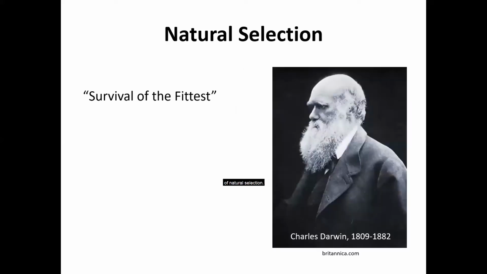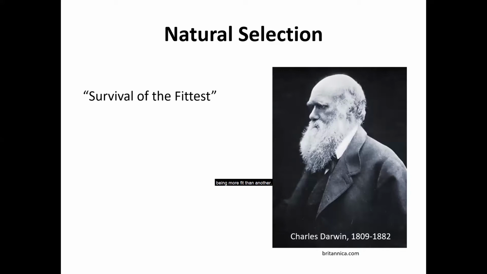Anytime that I start with industry implications, I think sometimes it's helpful to start with natural systems, and most people are familiar with the concept of natural selection and the work of the evolutionary geneticist Charles Darwin.